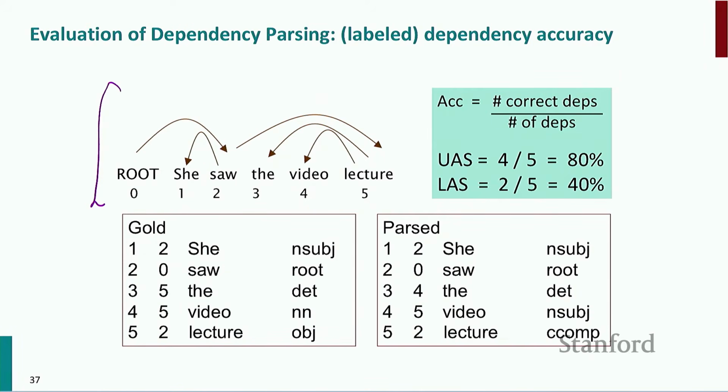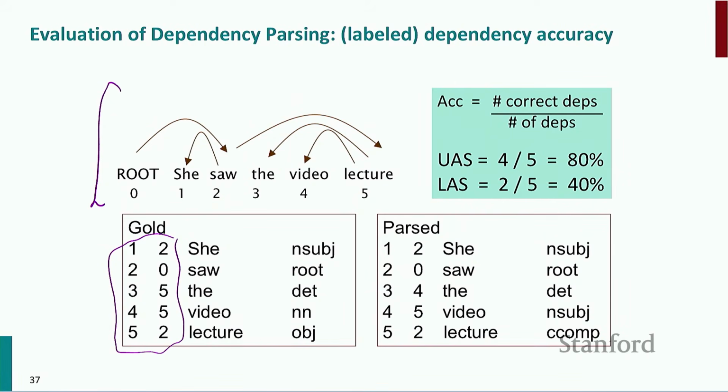Well, actually, sorry, that's the gold parse. Okay, that's a correct parse. So you can write out what are the different dependencies, right? So 1's head is 2, 2's head is 0, word 3's head is 5, word 4's head is 5, word 5's head is 2. So these pairs of numbers represent our dependencies.